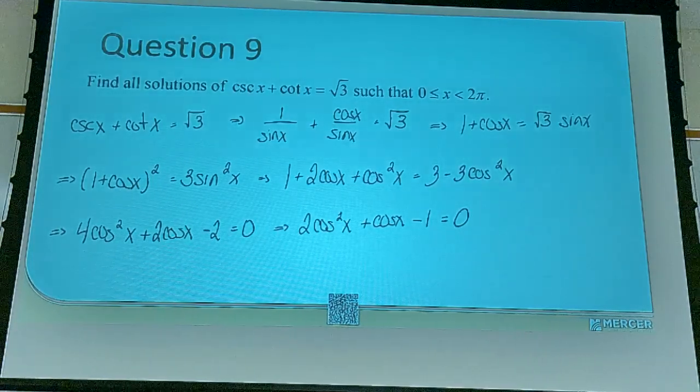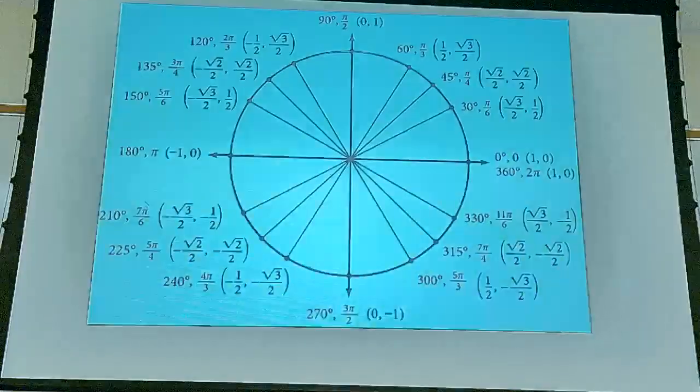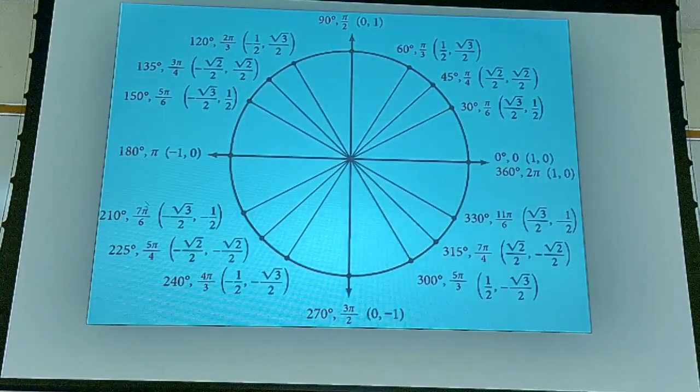Cosine of pi over 3 is a half. What's 1 plus a half? 3/2. What is sine of pi over 3? Root 3 over 2.